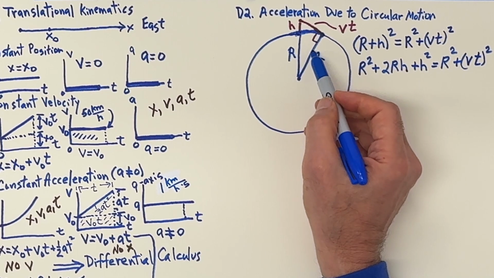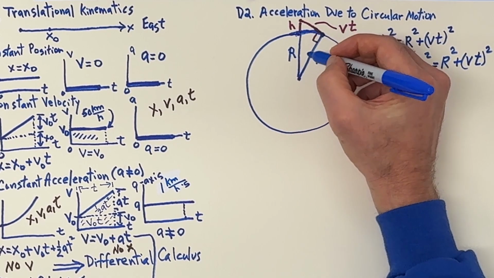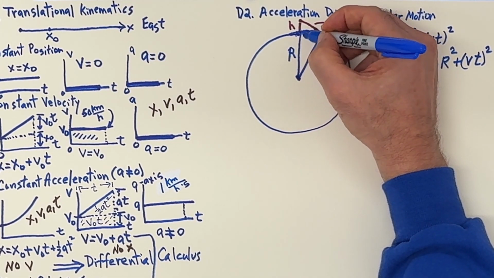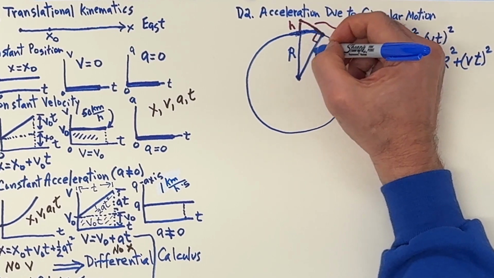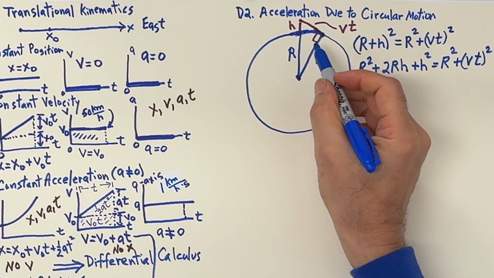Now we're actually going to be looking at this time being shorter and shorter so that eventually we'll be looking at something going from, say, there to there. I drew it here farther away so we can see all the parameters. But we're going to be looking at this getting shorter and shorter in time.